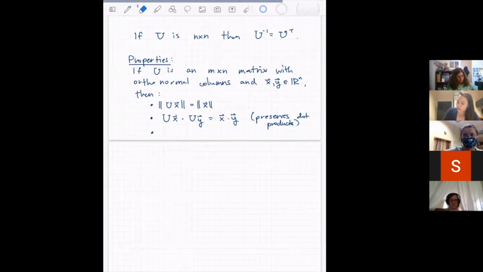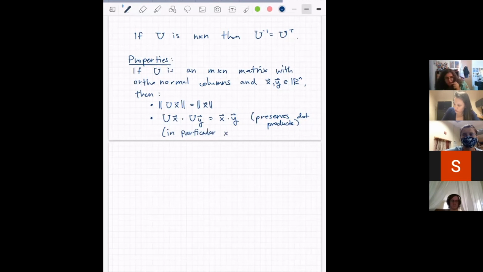And so in particular, if X and Y are orthogonal, so if their dot product is equal to 0, then U times X dot U times Y is equal to 0. So these are orthogonal as well.